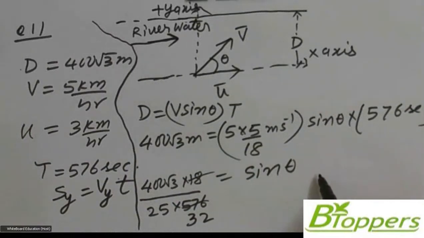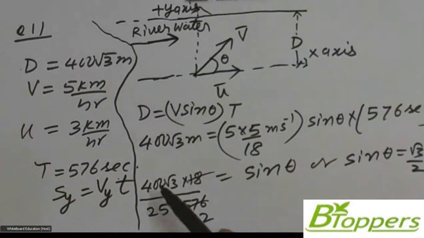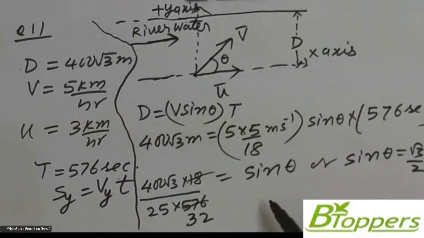Then simplify this. You get sin theta equal to root 3 by 2. This part you can easily simplify yourself. So you get theta equal to 60 degrees.